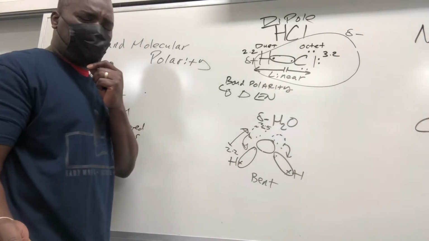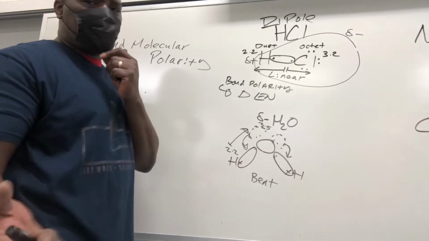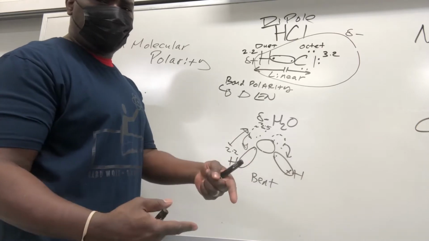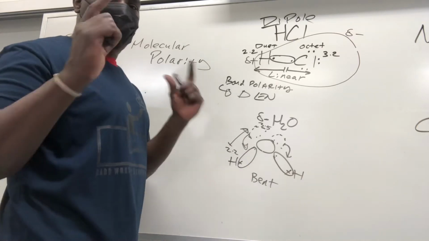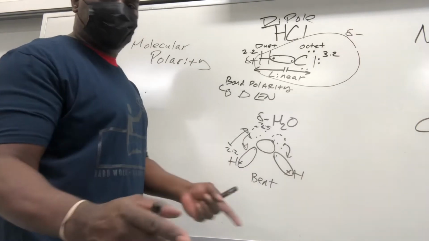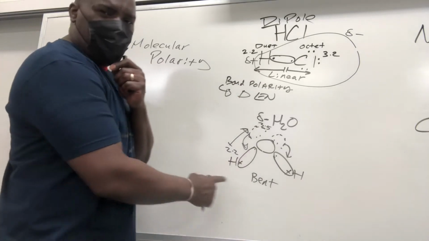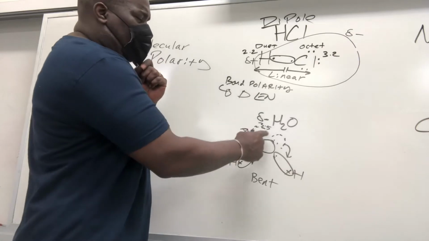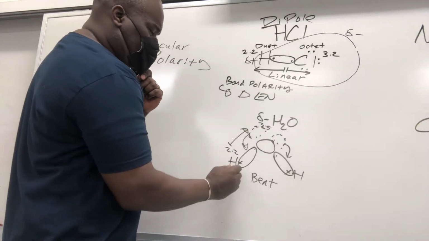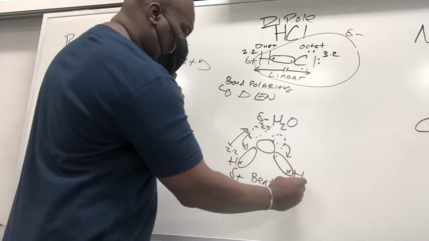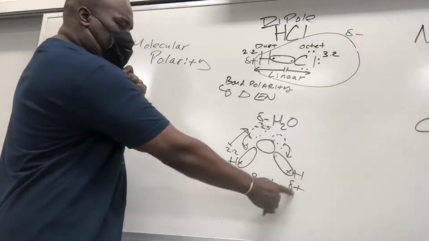That's how you know, folks. So bond polarity is very simple. Just look at the electronegativity differences, you're good to go. The higher electronegativity gets a negative charge. By default, the guy with the low electronegativity will be partially positive. So the hydrogens will be partially positive and partially positive, okay?